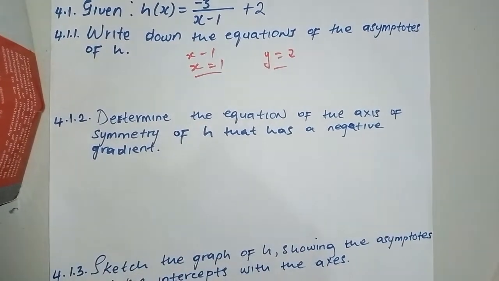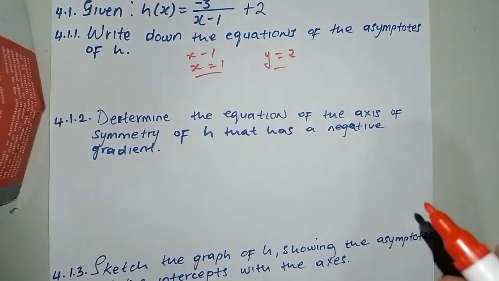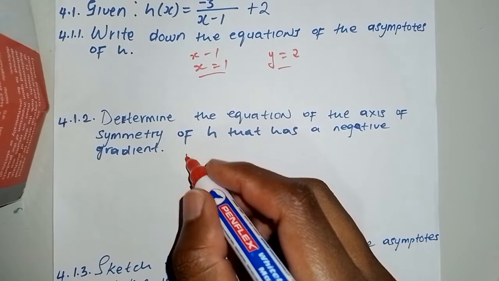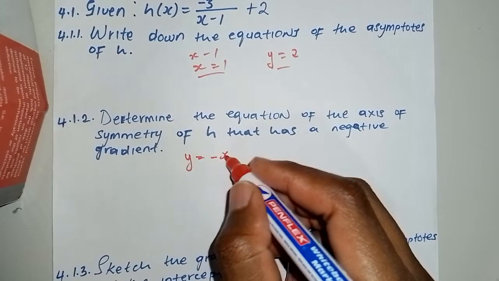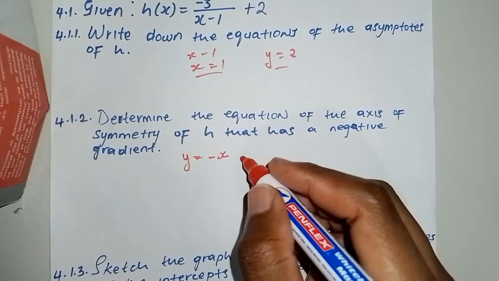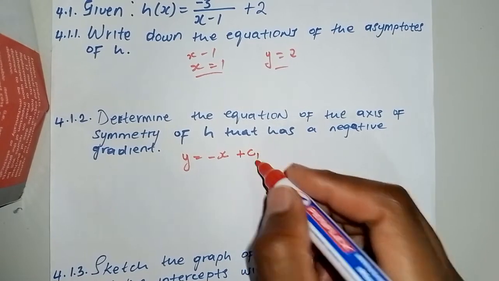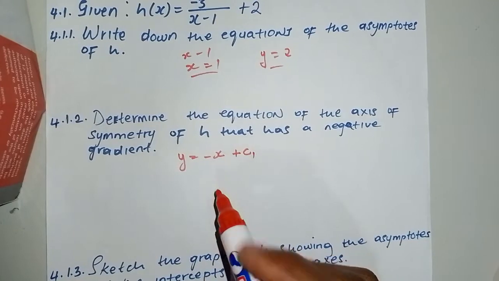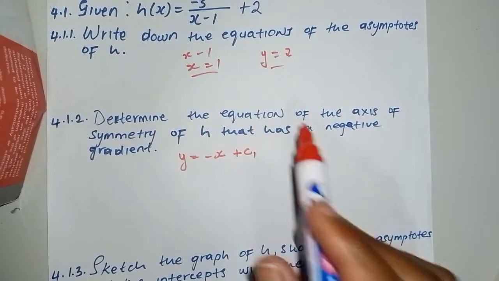How do we do it? They say we need a negative gradient, so y is equal to negative x plus c1. I need to write this as an equation because they said determine the equation.